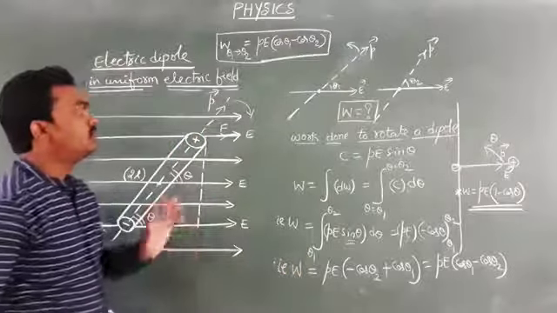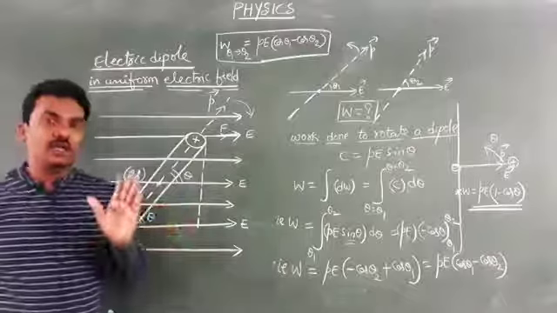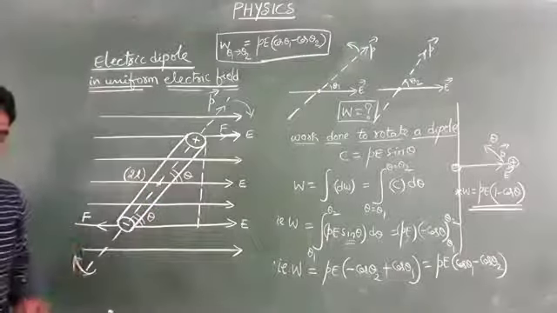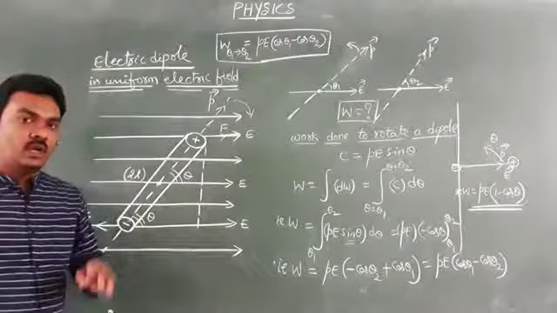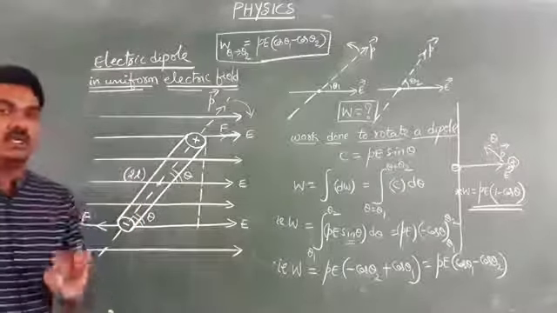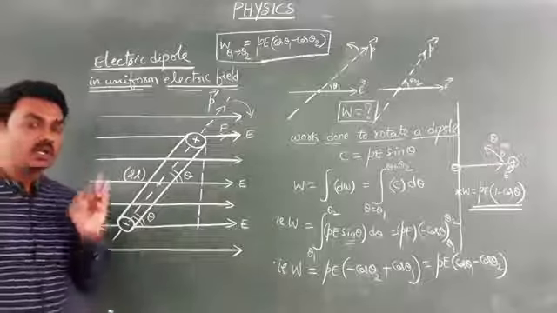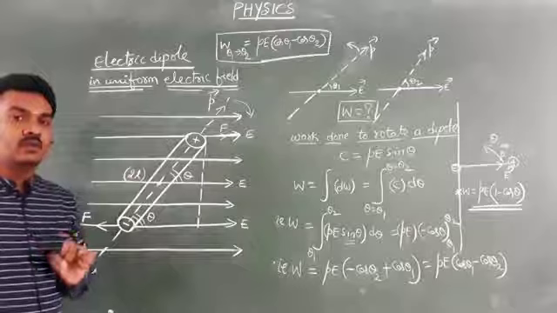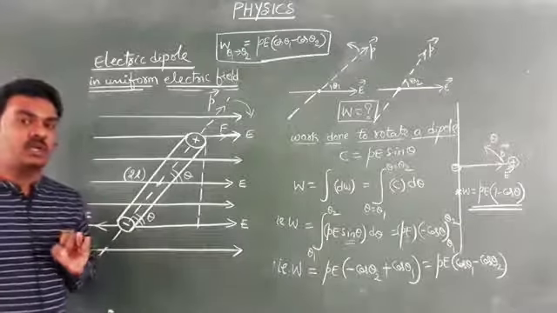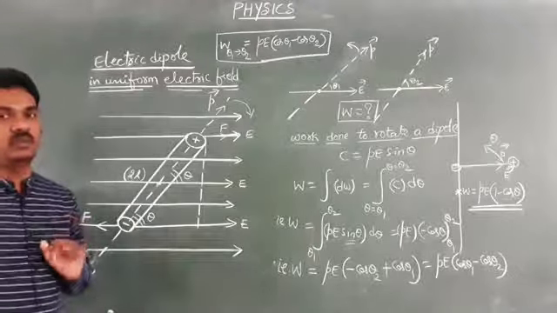So this is all about the presence of electric dipole in uniform electric field, the couple experienced by the electric dipole, and the amount of work done to rotate an electric dipole in external uniform electric field. So these are the 3 points that I have covered regarding the electric dipole concept.